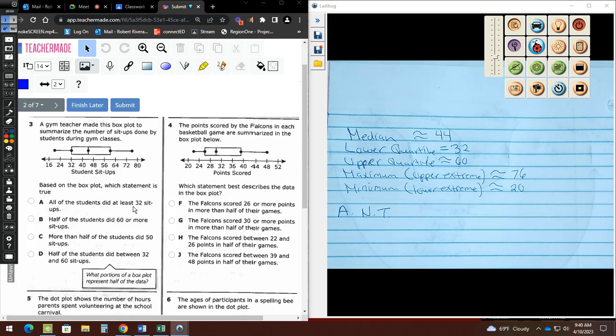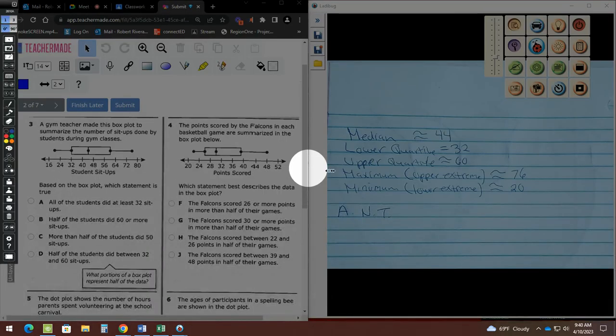At least means siquiera 32 sit-ups. These kids here, from here to the right, did at least 32 sit-ups. They did 32 or more. But these kids under did not do 32. That's why letter A is done. Questions?